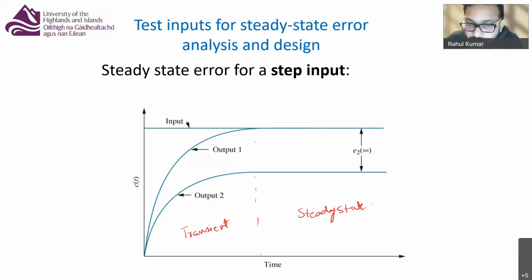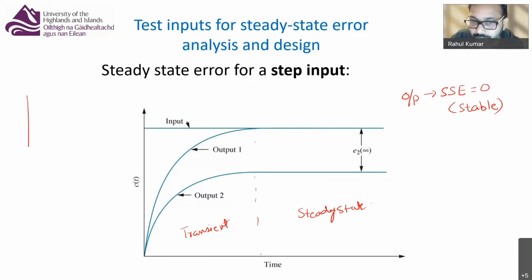So for output 1, I would say my steady state error is 0, and my system will be stable, because the error reduces to 0.